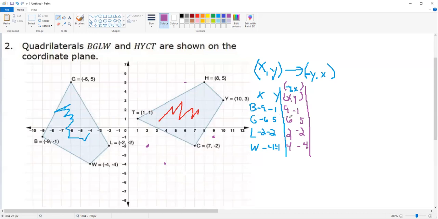That's right. -6, 5. -2, 2. -4 and 4. I plotted them right. 9 and -1, 6 and 5, 2, -2, 4, -4. Okay, let's see what happens if I connect the dots. Maybe I chose the wrong one.